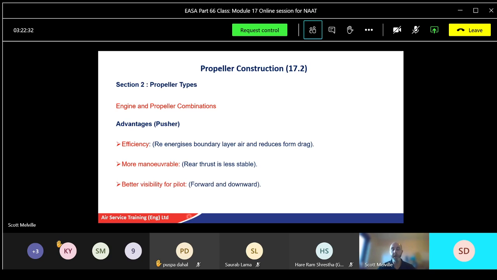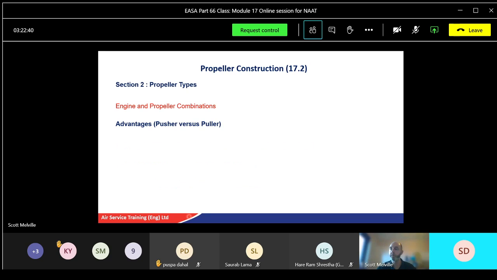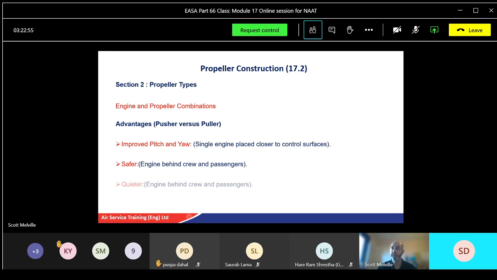Better visibility for the pilot: instead of having big propellers out the left and right hand side of your screen, they're behind, so you actually get better visibility, which is always a good thing. Improved pitch and yaw, single engine placed closer to control surfaces. Safer, the engine is behind the crew and passengers. So if something goes wrong, it flies off, doesn't hit the passengers and crew. A bit quieter as well, because the engine's rearwards.